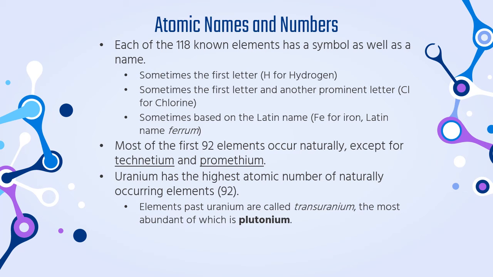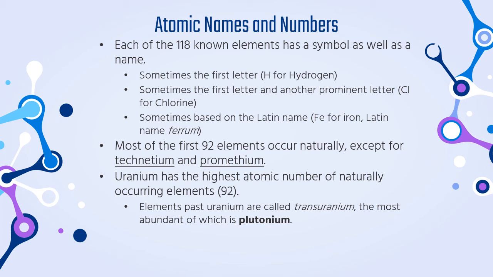They all have a higher atomic number than 92. The one with the most particles existing on this earth would be plutonium. That's a very radioactive, very dangerous substance, and its atomic number is 94.